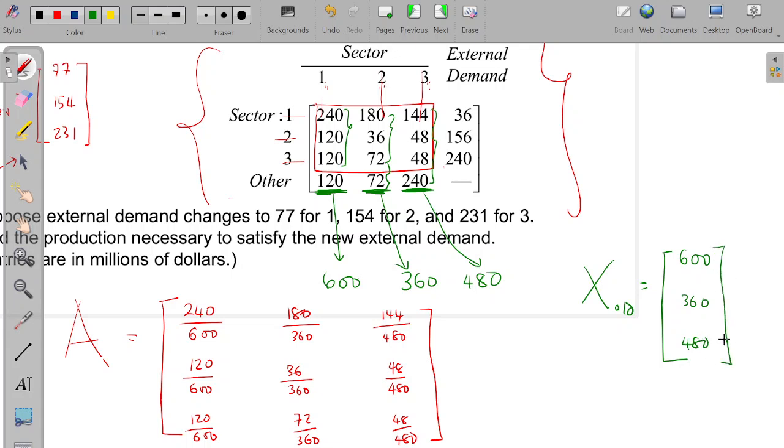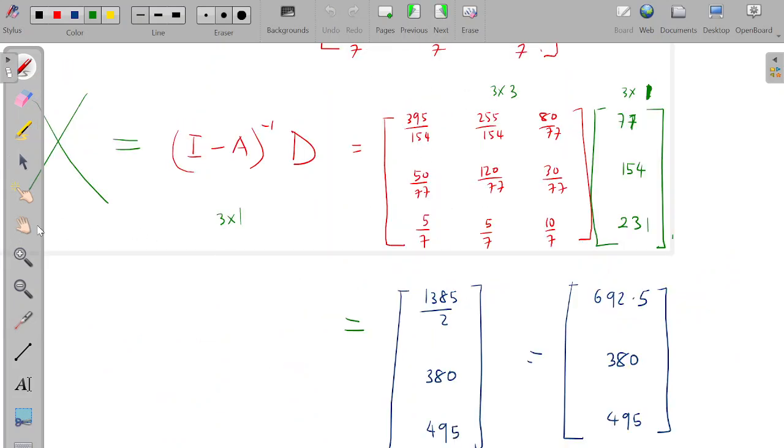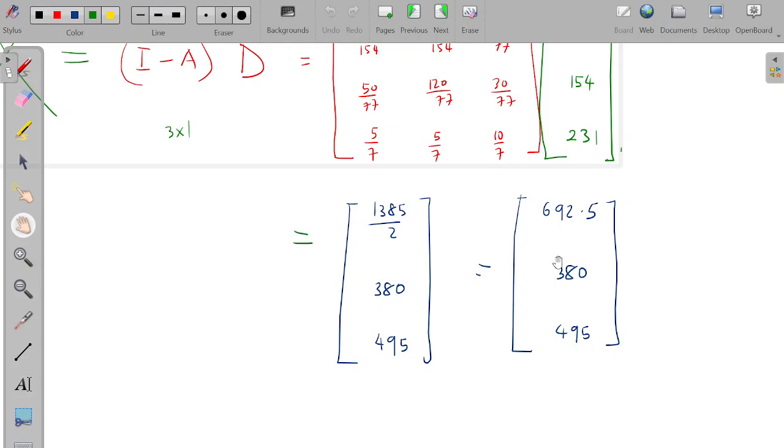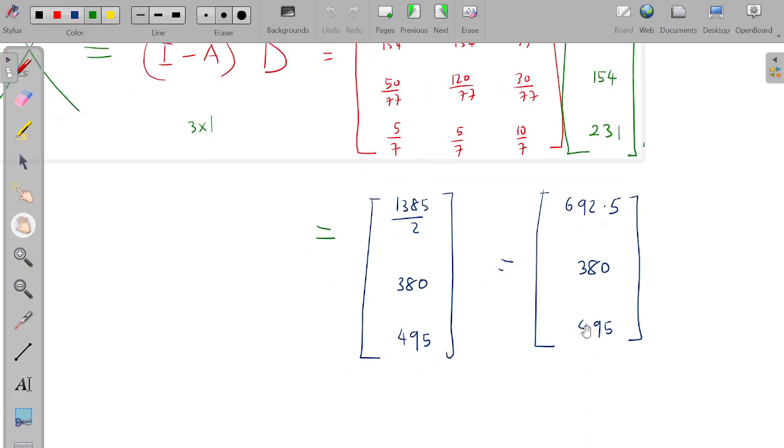But when the external demand changes to 77, 154, 231, we need a new production, which is what we got here. So this changes to this, for sector 1, sector 2, and sector 3. You see they all increase.